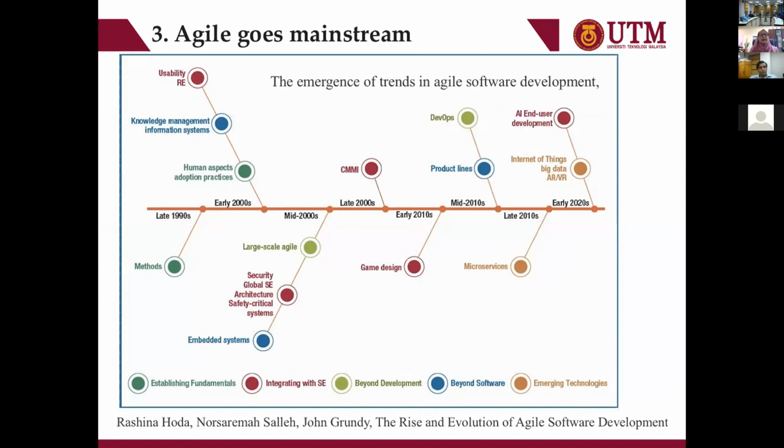And then in the late 2000s, we started looking into CMMI discipline, and then product lines, DevOps, and up to now, we are looking into AI and Internet of Things, clouds, and many more, which relate to 4.0. This is how software engineering evolves from year to year.